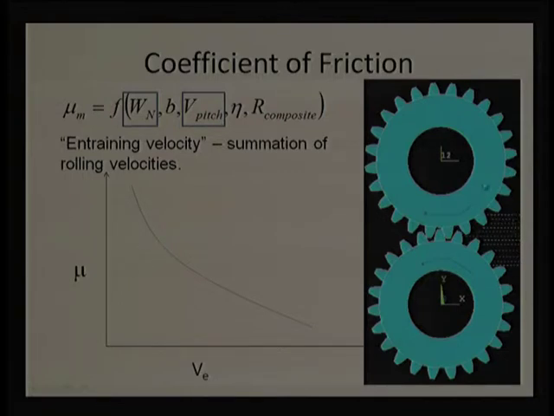You see, if I assume these are the gear wheels, maybe this is a pinion, this is a gear, and they are rotating. What will happen? Some tangential velocity is generated at this interface, and with this profile it will get some liquid over here.